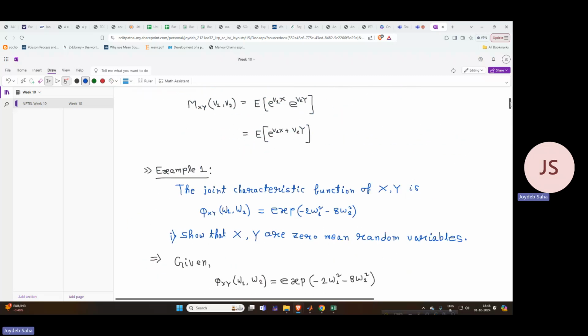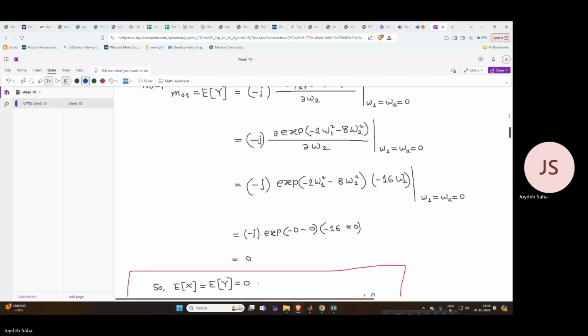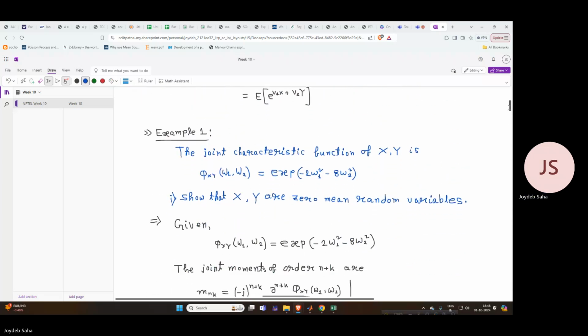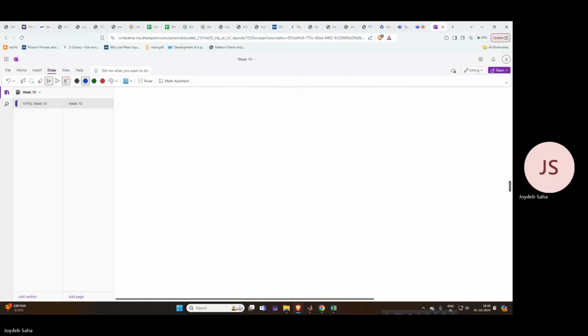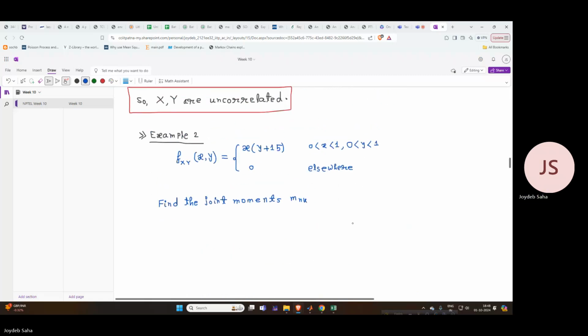What was the indication? M n k, for n, k equal to 0, 1, 2 and so on.